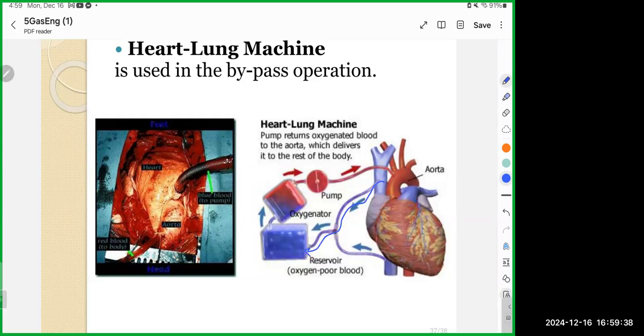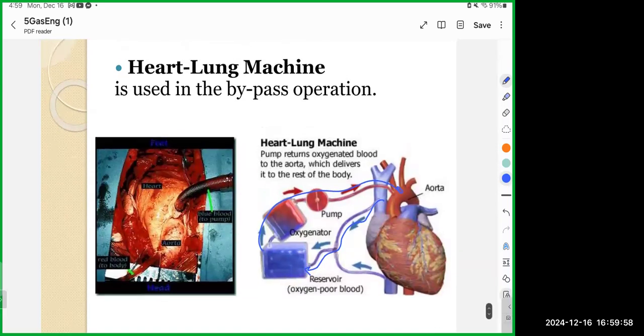And right here there is the machine that mimics the lung, pretending to be the lung. And then it moves the blood to the heart. In this case, it is used during the surgery of the lung, not the heart.